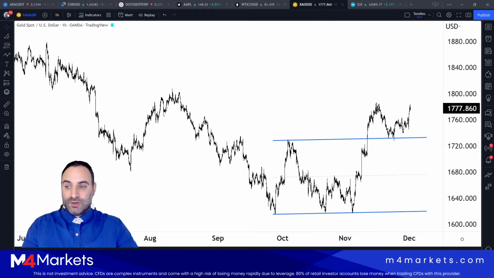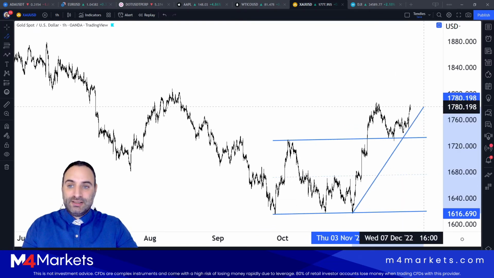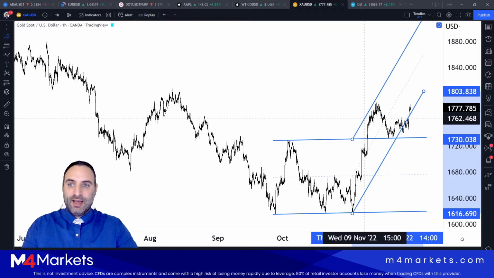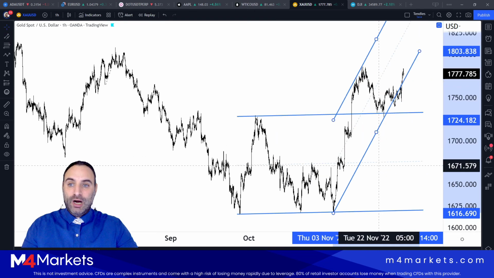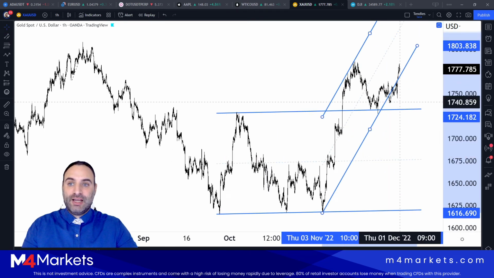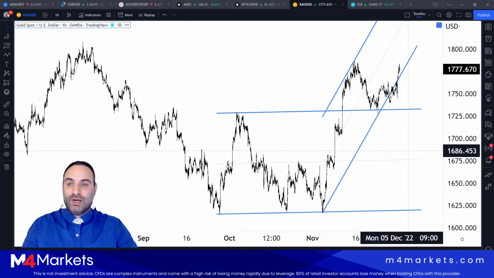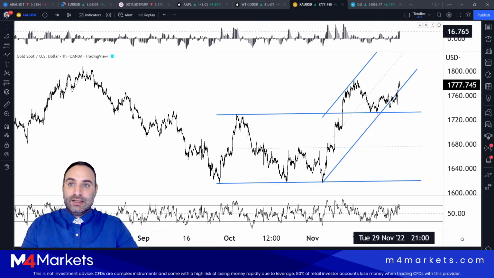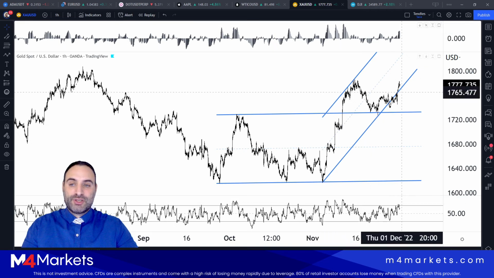But the second thing that we have to keep in mind is that we have an accelerated trend to the upside, and not only are we moving up in an accelerated trend, but we have just re-entered that channel, and we are heading higher. The indicators so far do not show some sort of divergence, but pay attention to this.